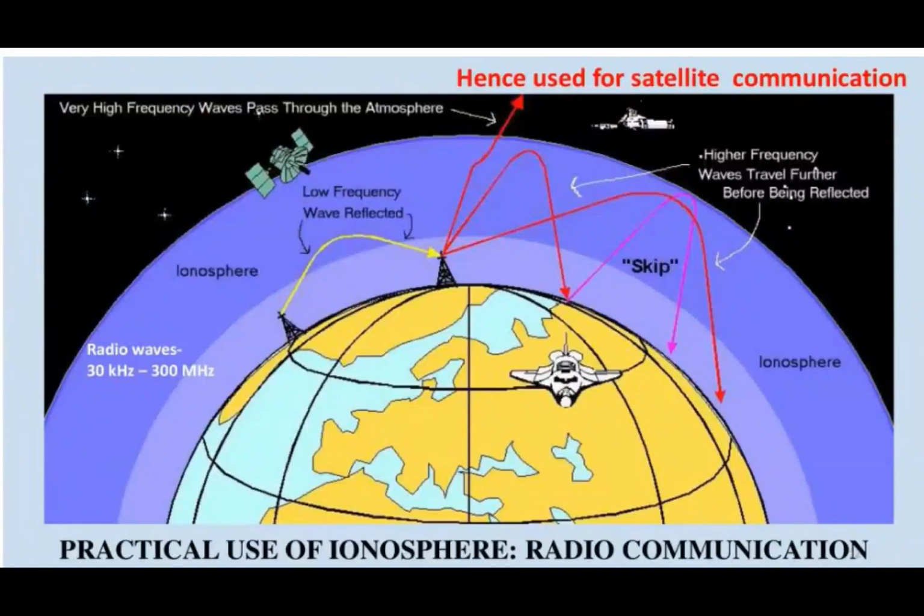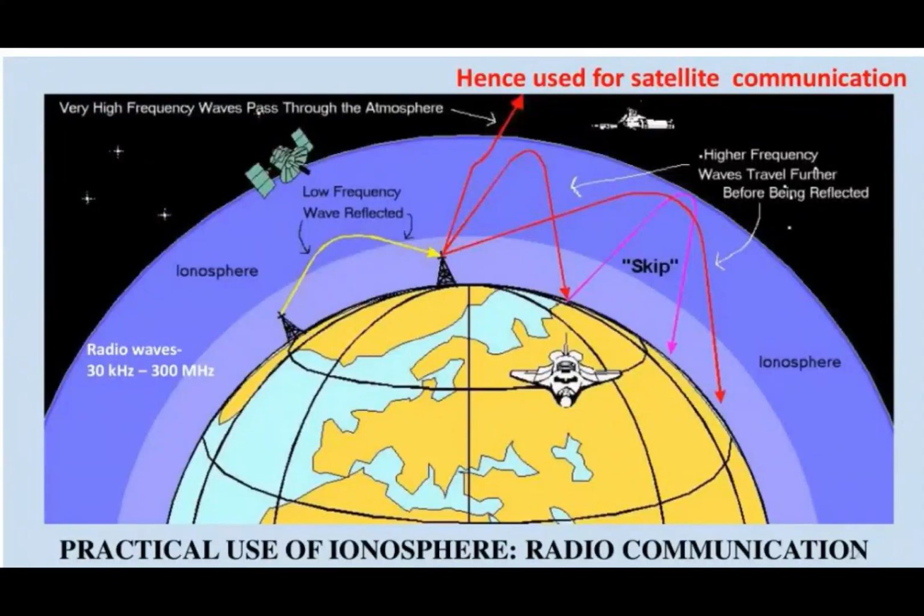But we can take advantage of that phenomenon by having a satellite at much higher heights, at about 1,000 kilometers or more, and the radio waves from the ground transmitter can go up to the satellite. Then the satellite can receive it and retransmit towards the receiver. So that is the basic principle of satellite communication.